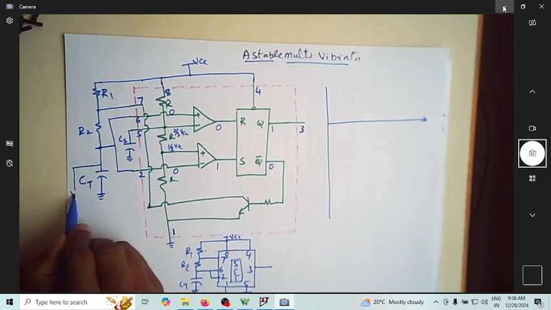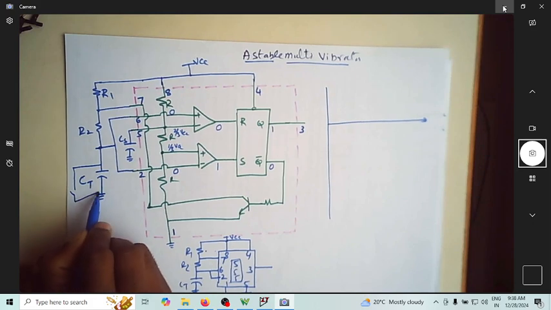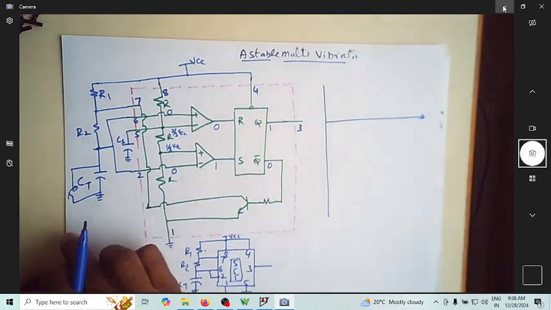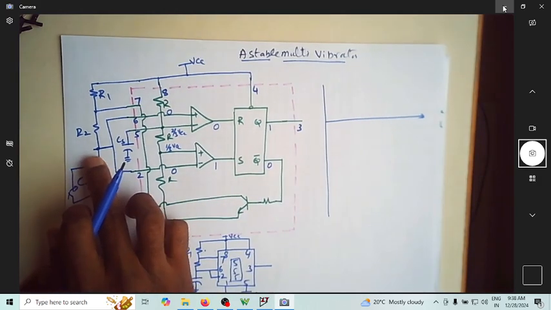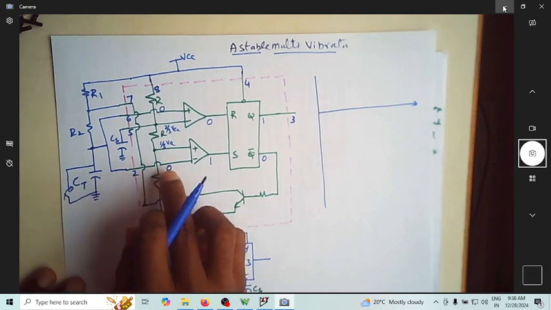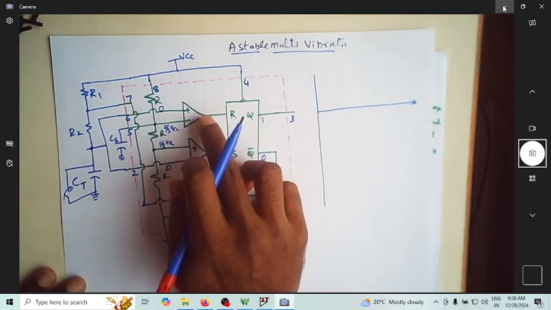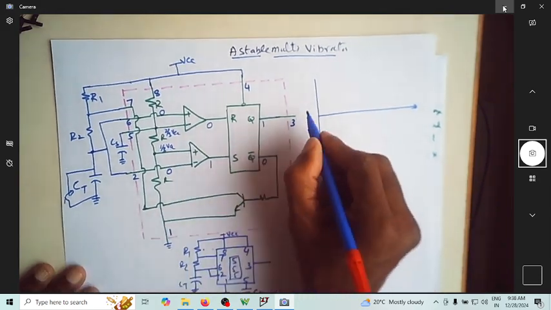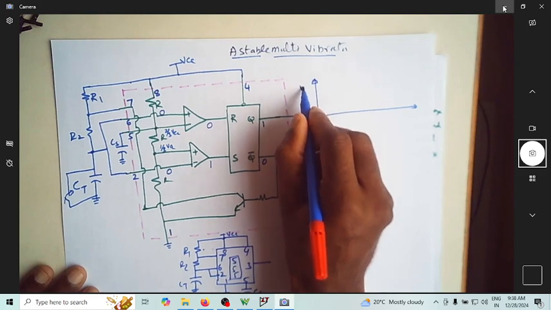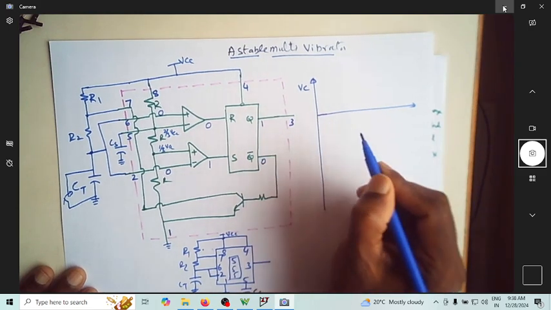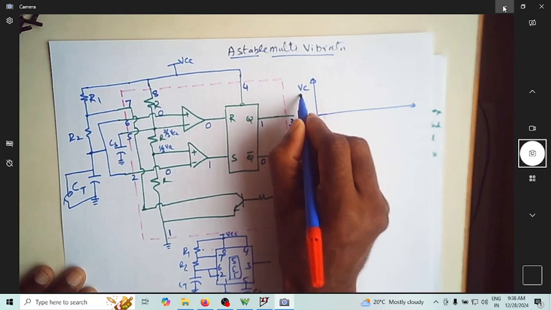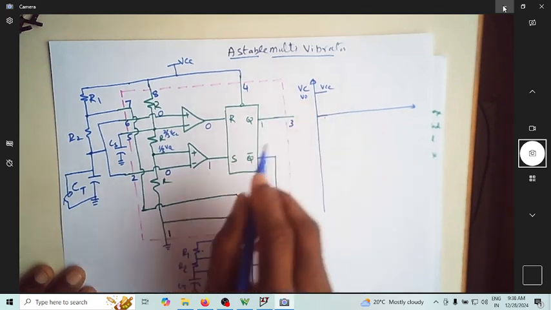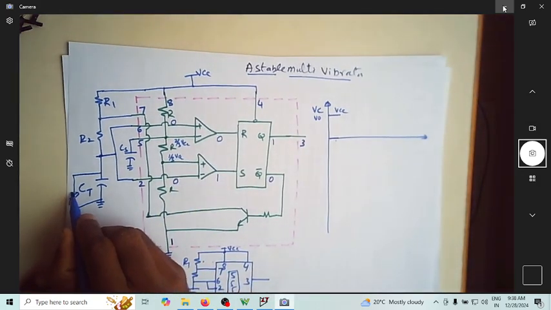As long as this switch is closed, the capacitor voltage is 0, and the output is high. So if VC is 0, then V0 is at VCC. Correct?